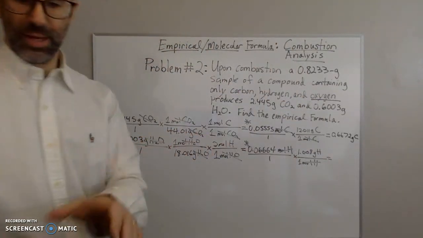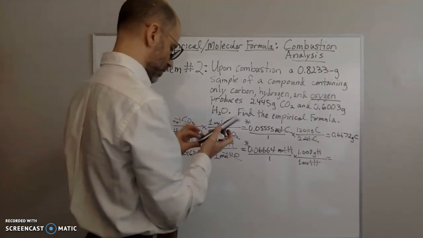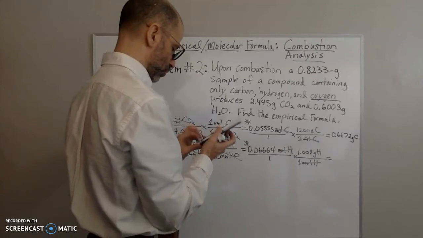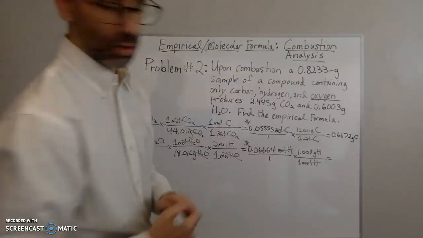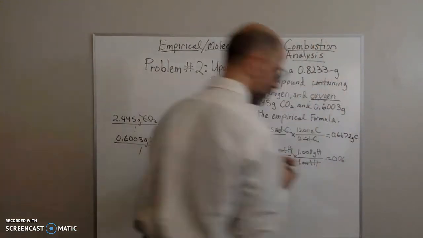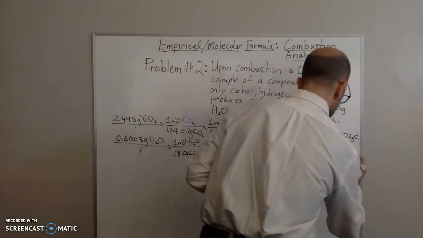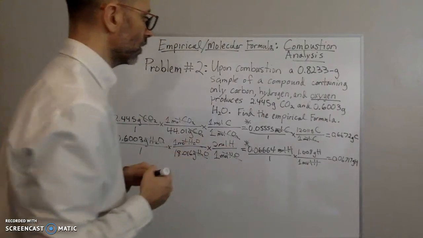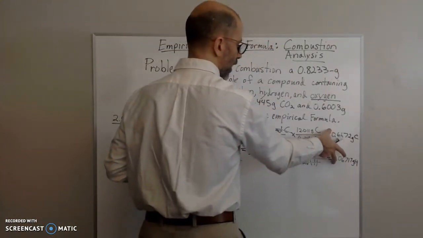If we calculate that, 0.06664 times 1.008 equals 0.06717 grams of hydrogen.